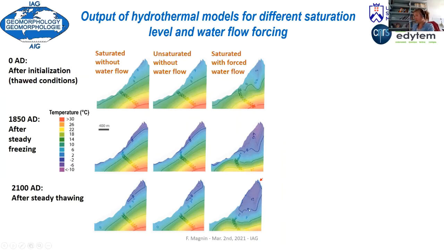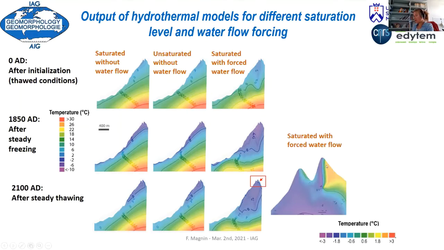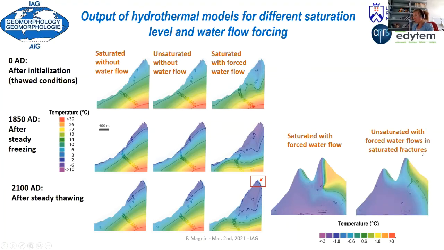it takes longer to thaw here because the permafrost body is deeper, but it locally thaws much quicker. Like here, we have a thawing wedge that is delineated by fractures. And we run a fourth case study to understand this a bit better, which is unsaturated except the fractures.